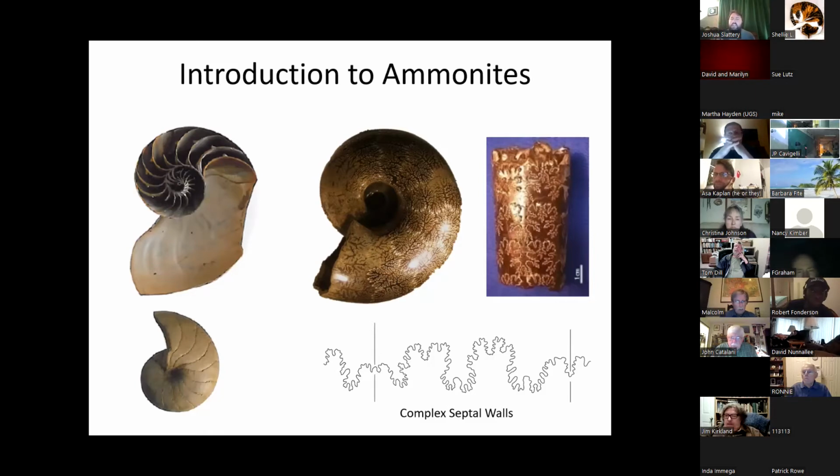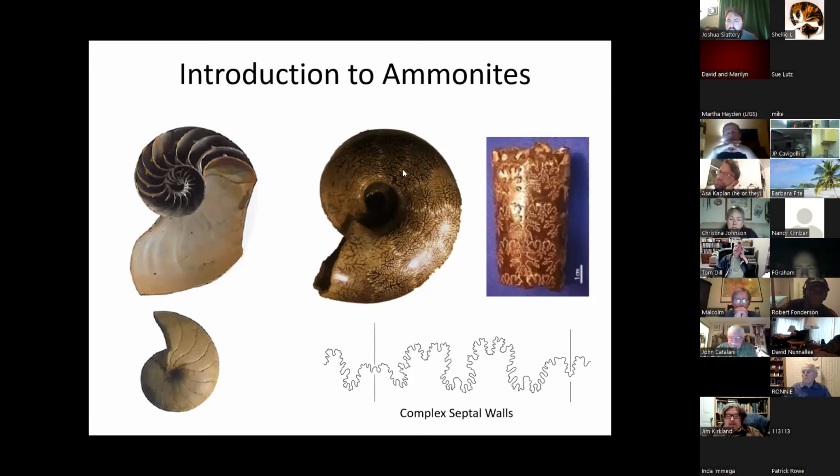The thickness of the shells and the simplicity of their septa is probably related to inhabiting a much deeper water column, and also investing more energy into shell growth. Ammonoids, in contrast, had much thinner shells and probably had to strengthen those shells because they were so thin. So they developed this much more complex septal pattern to strengthen the overall shell.